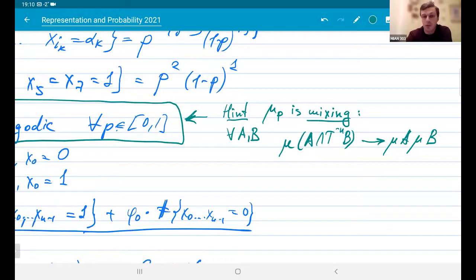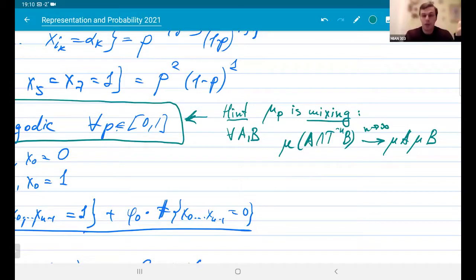Well, you know that if you just take μ(T^{-n}B), then due to invariance, this is just equal to μ(B). But here you consider this intersection, as n tends to infinity.